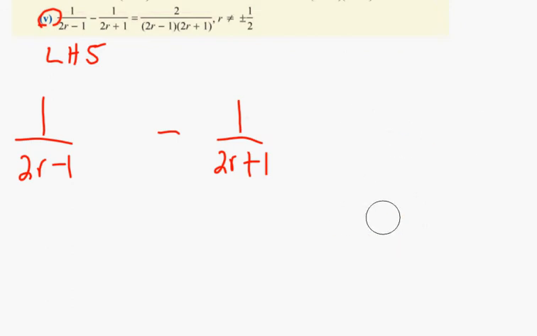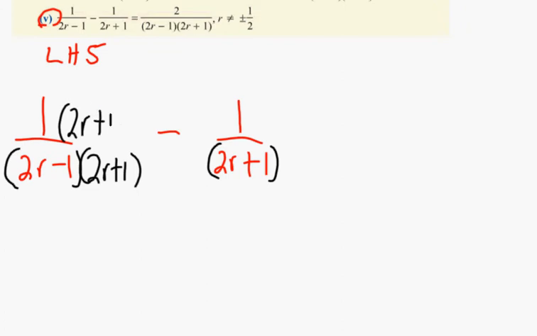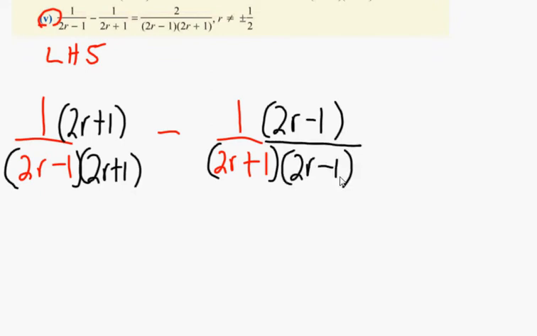Any takers? Come on, guys. 2r plus 1 top and bottom. And the other one? 2r minus 1 top and bottom. It's exactly the same way we did the really easy fraction earlier on. You just pick the denominator on the other fraction and use it top and bottom.